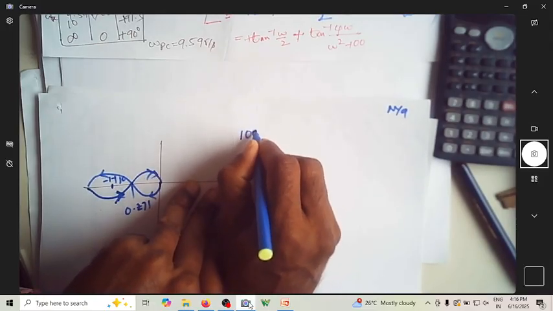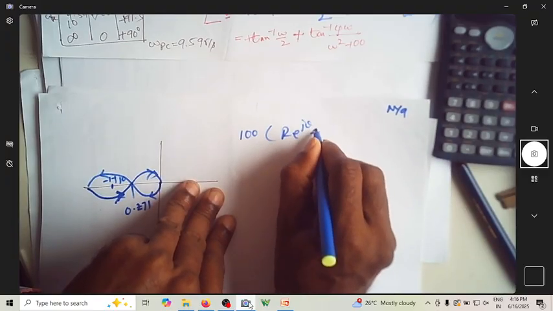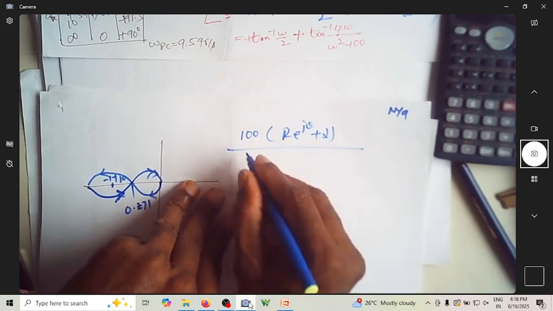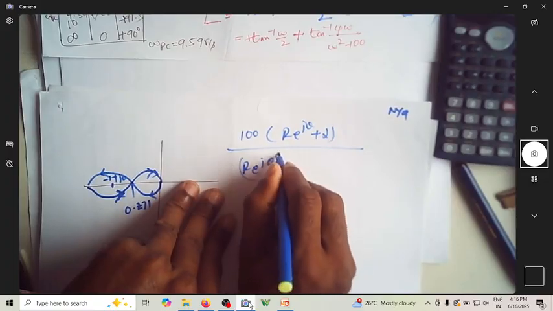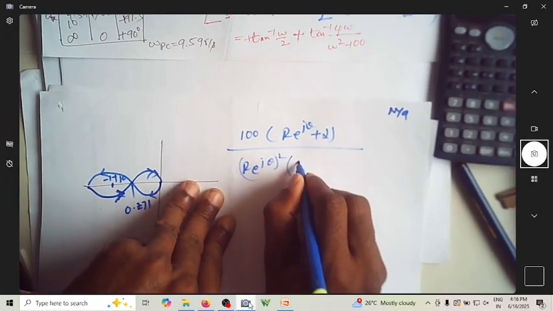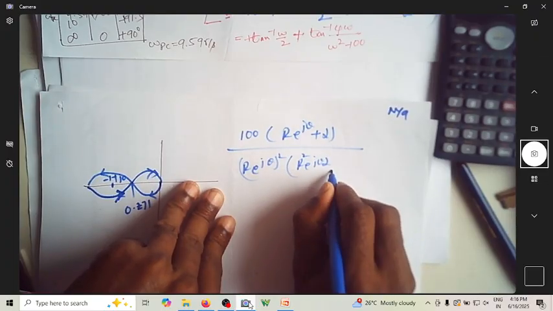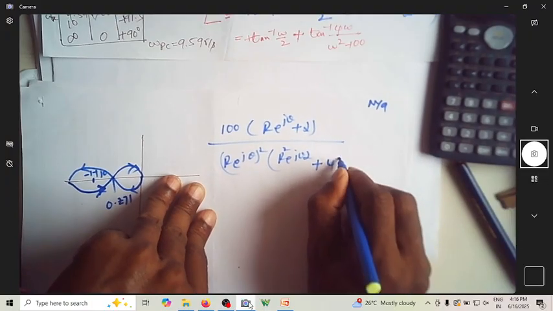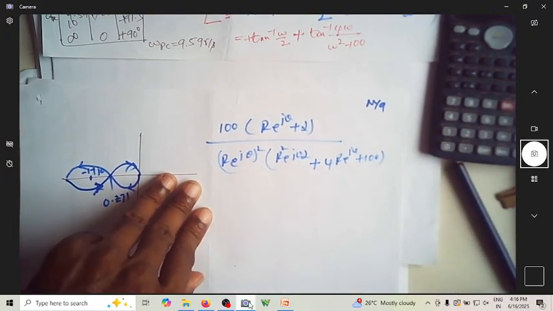Second segment, I just assumed it as 0 at an angle, so you can prove that also. So it is 100 r e power j theta plus 2 divided by r e power j theta whole square into r e power j theta, this is square, this is 2, plus 4 r e power j theta plus 100.